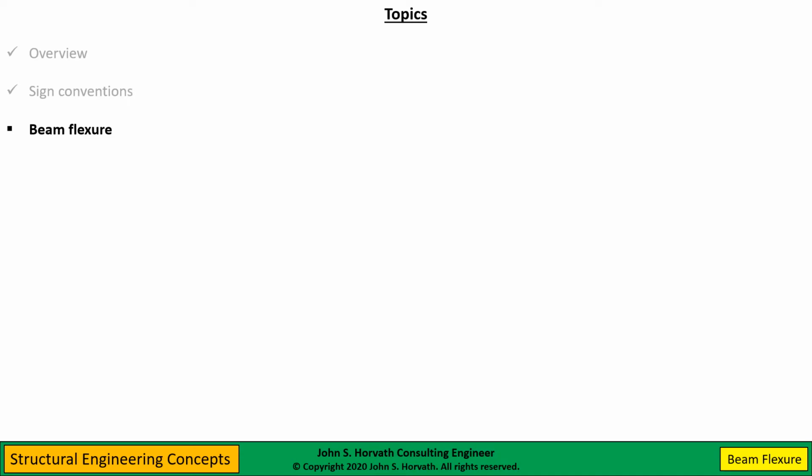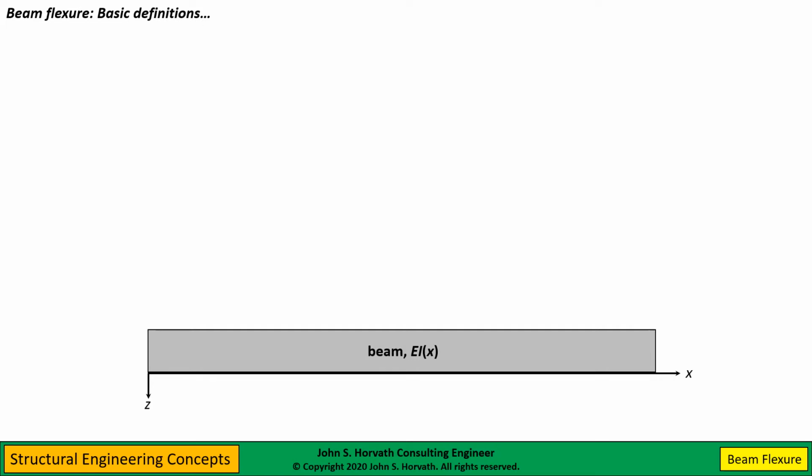There are a number of topics in beam flexure I want to talk about, starting off with some basic definitions. Again, I point out using the geotechnical sign convention, allowing a beam to have a variable stiffness EI in the horizontal or X direction.